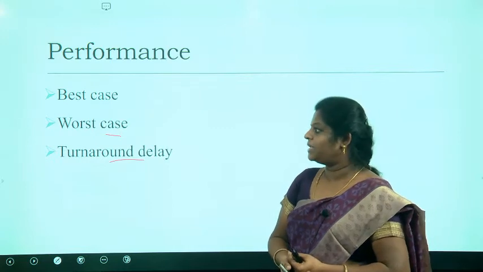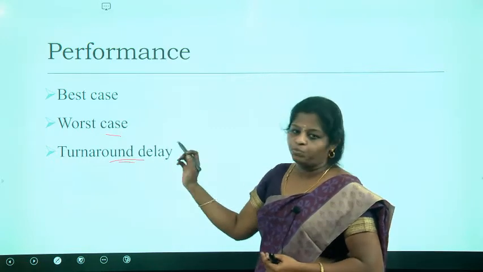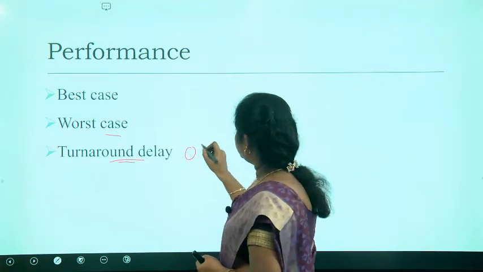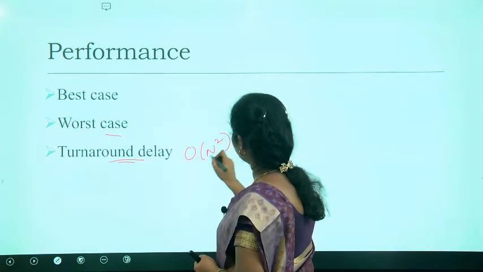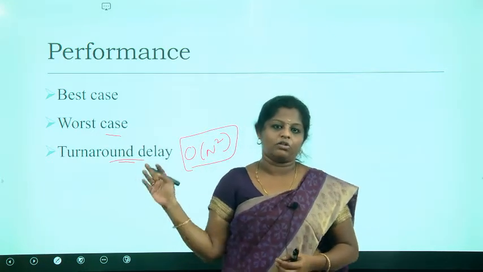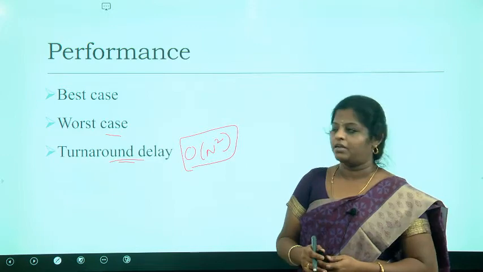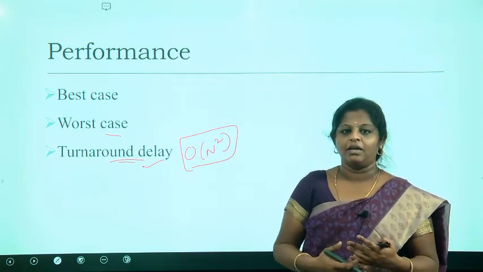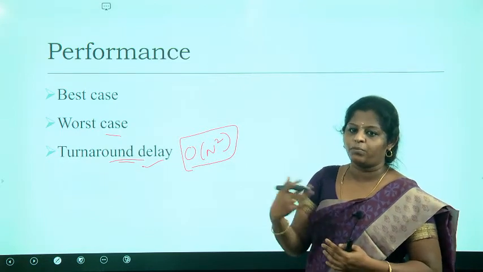The turnaround delay is more here when compared with the ring-based algorithm. It takes order of n square, so it is more than any other algorithm that we saw previously. This is the highest turnaround delay. The name itself suggests they are fighting: each and every process needs to fight to become the coordinator.